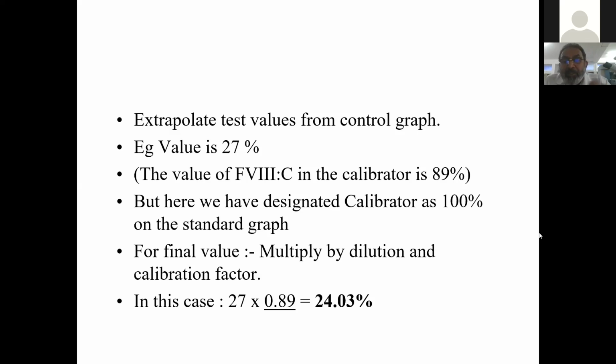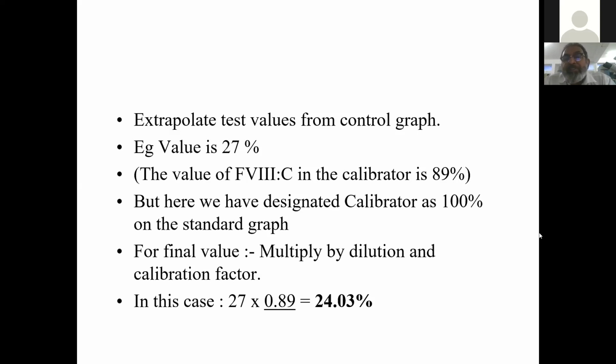But here actually the 100% value is 89%. So the 1 in 10 dilution value should be 89%, the 1 in 20 should be half of 89%, and 1 in 40 should be 1/4 of 89%. But we didn't want to bring in all decimals, so we assume everything is 100, 50, and 25. But we will bring in the calibrator later on.